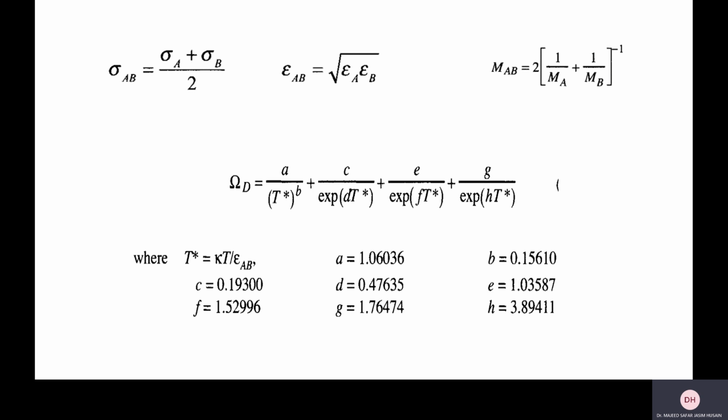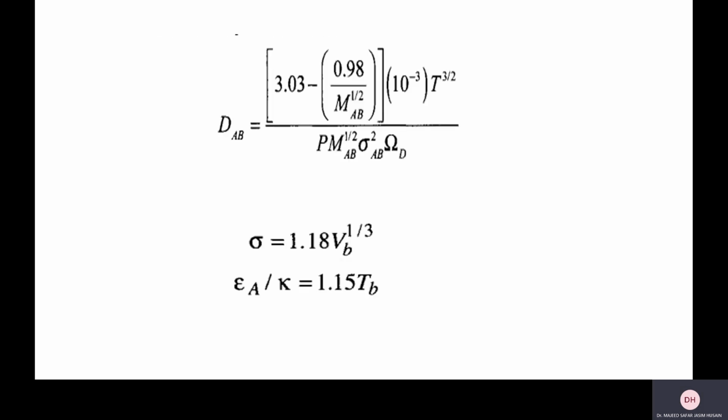If you do that, you can find the value of T star. If you find the value of T star, the rest is basically constant, and then you can find the value of omega D. If you find the value of omega D, you can now use this equation straightforward. It needs some time for you to go through it, but these are the steps.